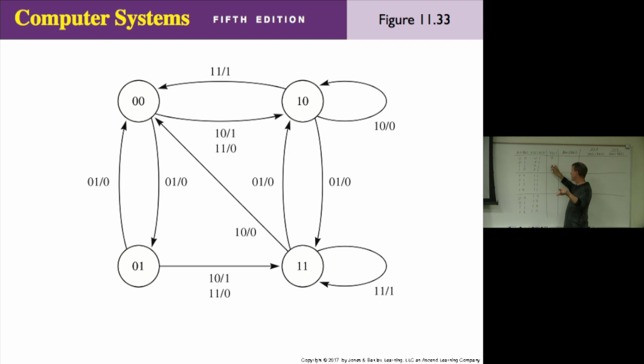So what's y at time t for this one? Oscar, do you know? 0. Now, I'm not going to check this. Is everybody checking? If there's any challenges, speak up. Okay, next.